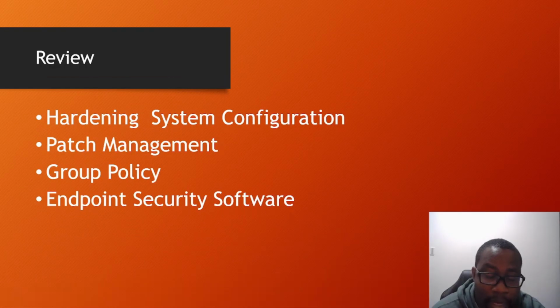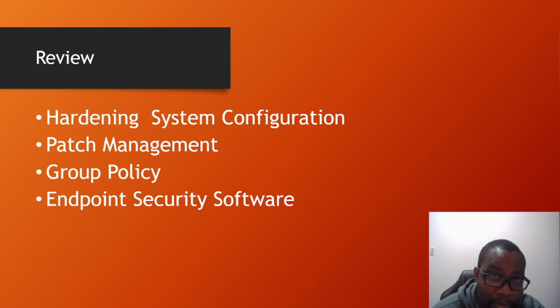And we are at the end of endpoint security. So basically, we reviewed hardening system configuration, patch management, group policy, and endpoint security software. You're hardening your system, making sure that you're turning off services and ports that you don't need.